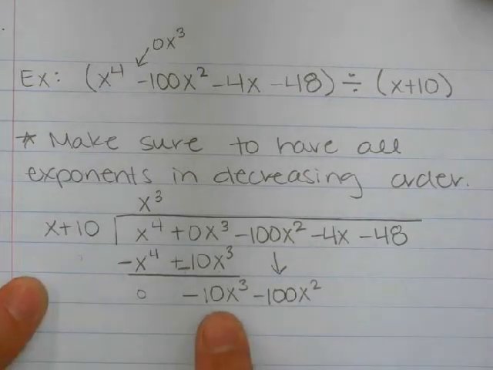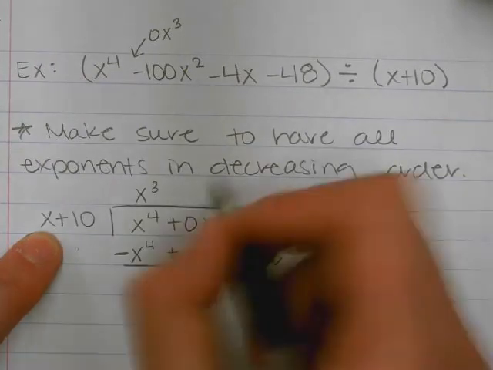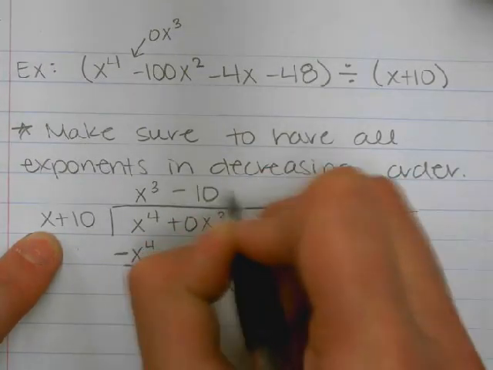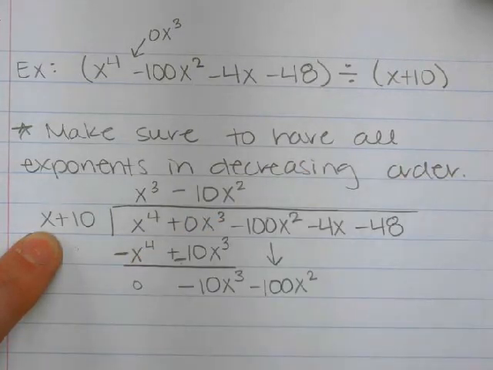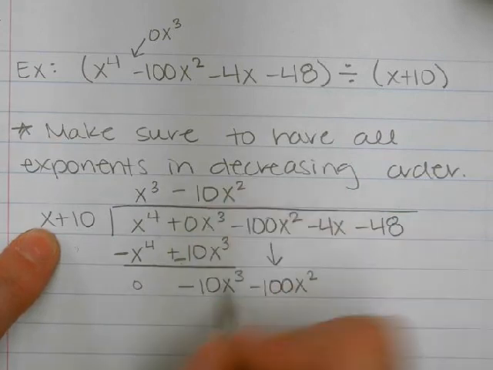So the next question I'm asking myself is, x multiplied by what gives me negative 10x to the third? And the answer is negative 10x squared. So negative 10x squared multiplied by x is negative 10x to the third.